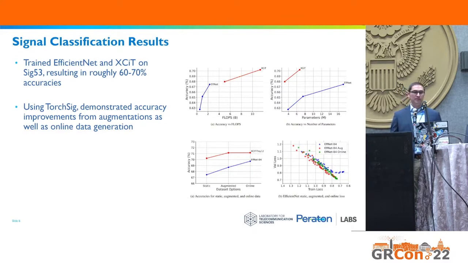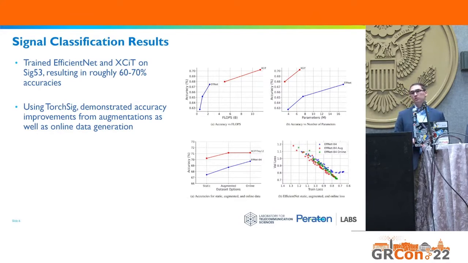In particular, we picked the cross-covariance image transformer, so that's XCiT here. And we chose this one because it has linear complexity with respect to the input sequence size. So we get a little bit faster performance with this transformer as opposed to the vanilla transformer that was originally introduced in 2017.